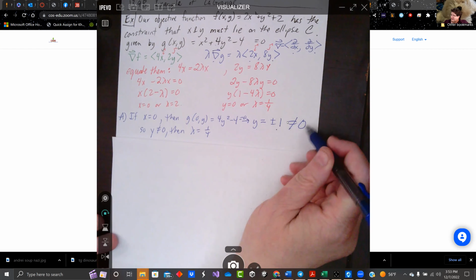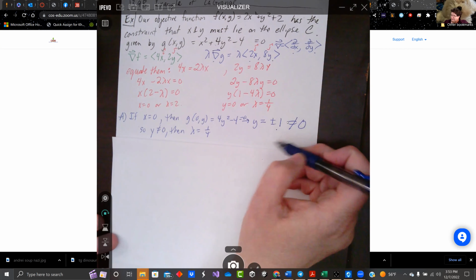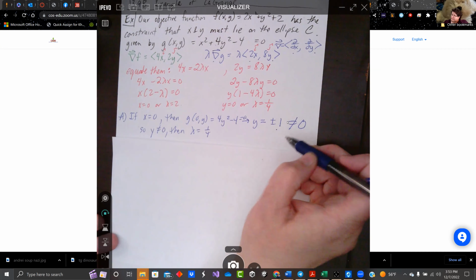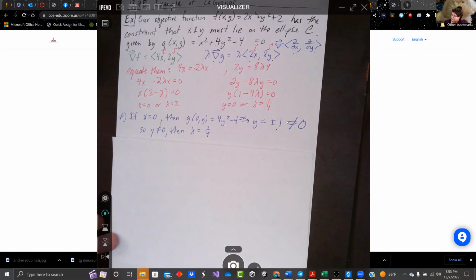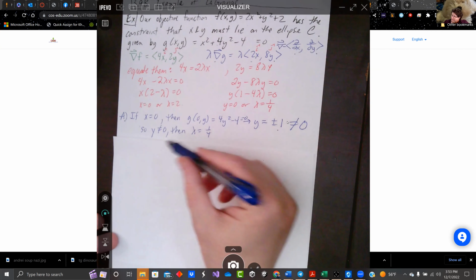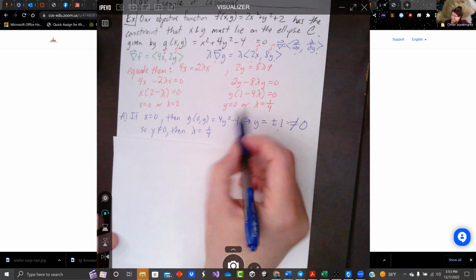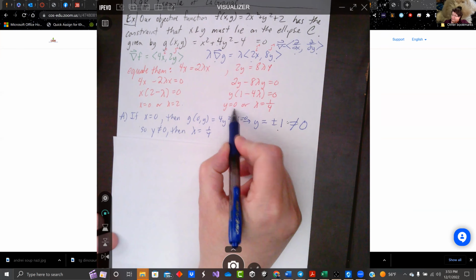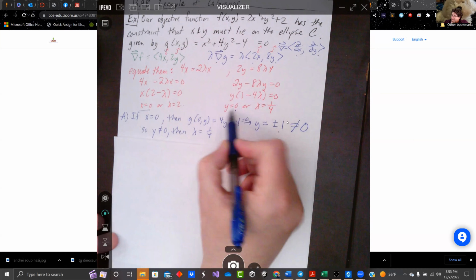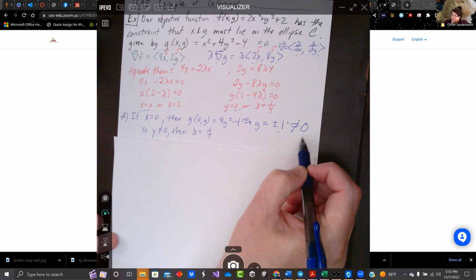That isn't 0 anywhere. Which sounds weird, but y is not equal to 0, because that was this one. If we had x equals 0 and y equals 0 together, then they would go together, but they don't.